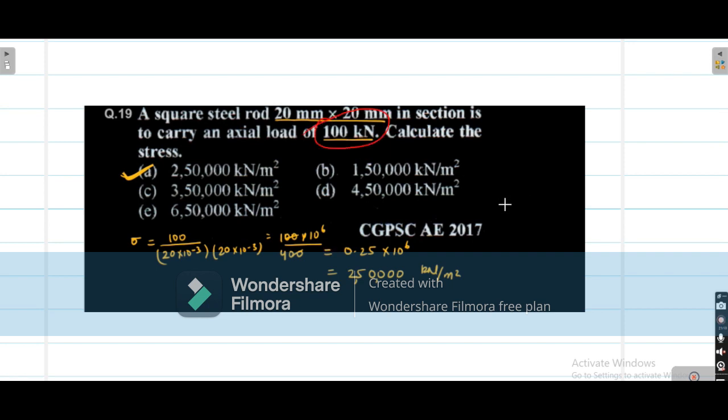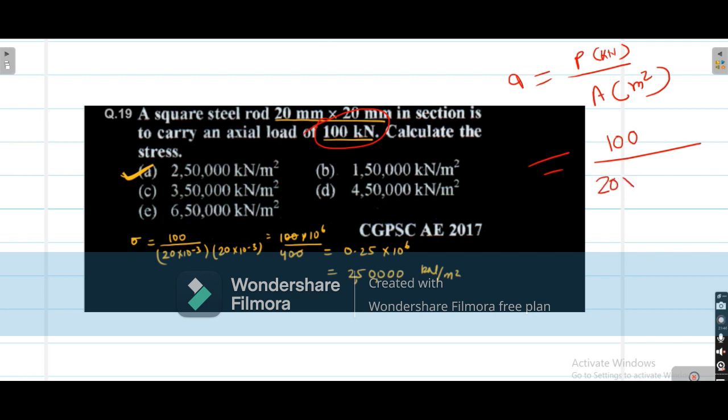The force is in kilonewton, but the area should be in meters squared, so we have to convert to the proper unit. 20 mm to meters is 20 into 10 to the power minus 3.